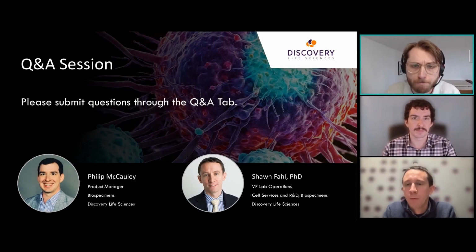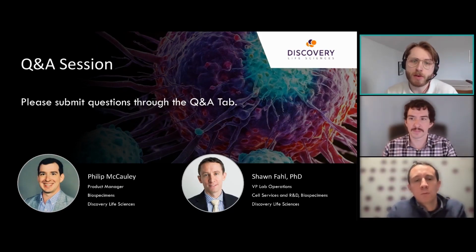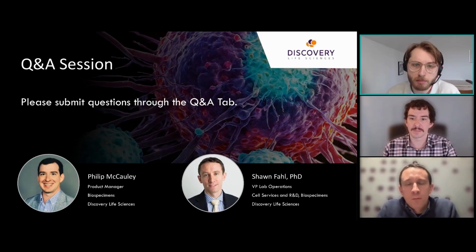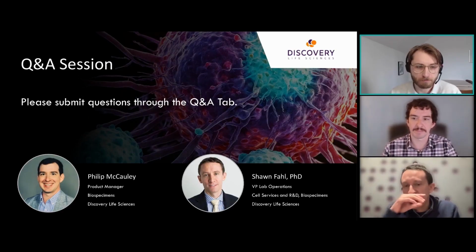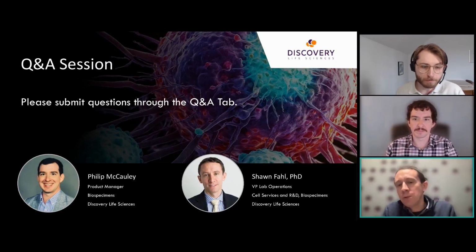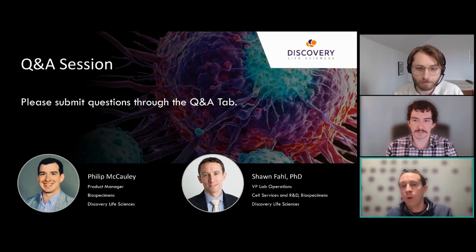All right, first one here. Have you evaluated the ability to genetically manipulate tumoroid models? Yeah, I could take that one. That is a great question. That's really one of our future directions after we get more of these lines established. We are looking at this in two formats. One of the benefits of the IncuCyte system is its ability to read fluorescent proteins.